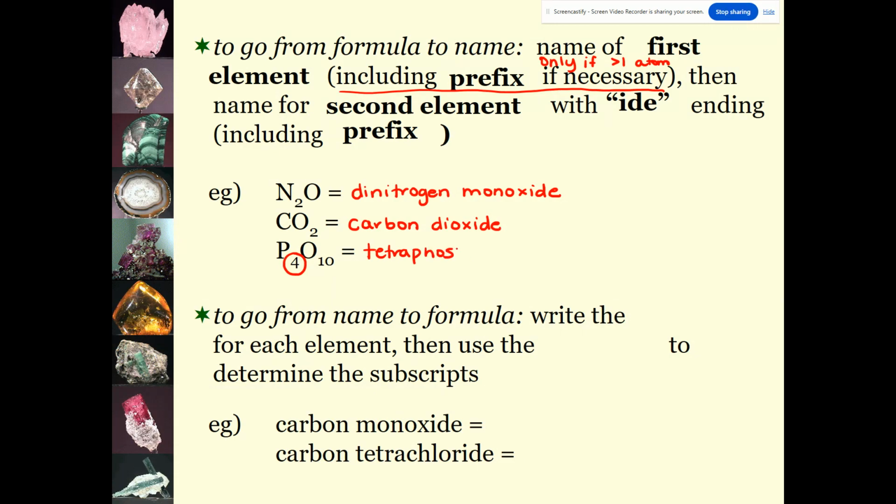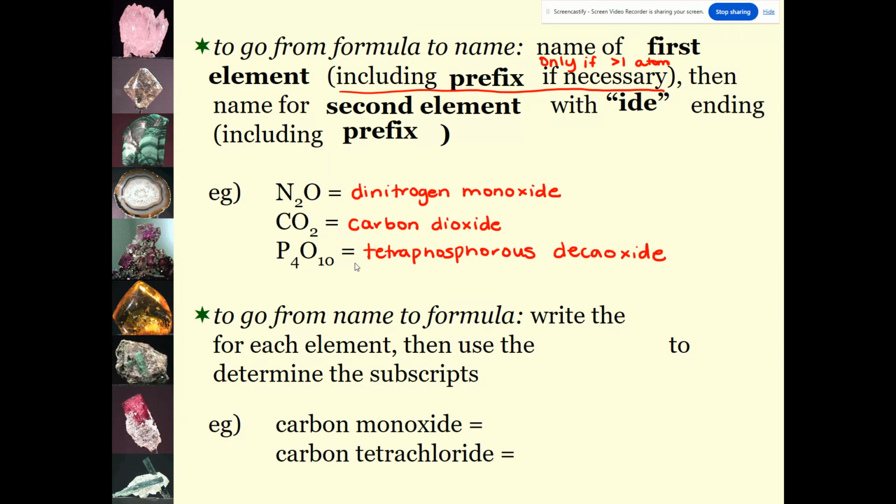The first element again just keeps its normal name, tetraphosphorus with the prefix there. And then I have 10 oxygens, that is decaoxide. So tetraphosphorus decaoxide. Okay, the second element again ending in "ide," and notice again how we're not using capitals in the name. It's all small caps.